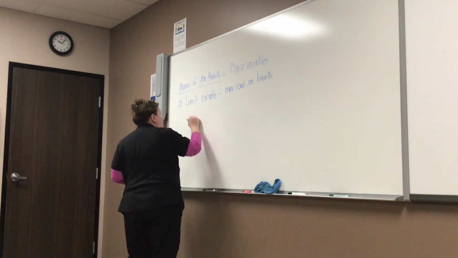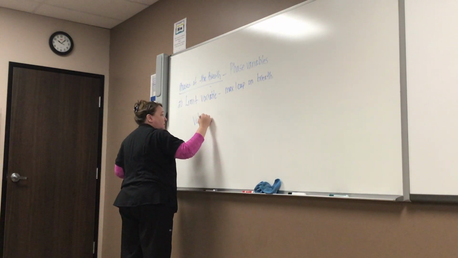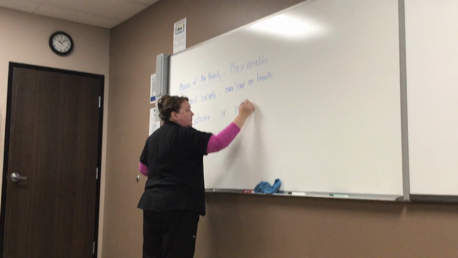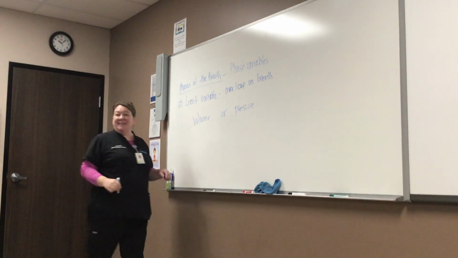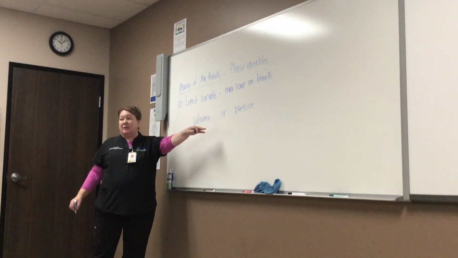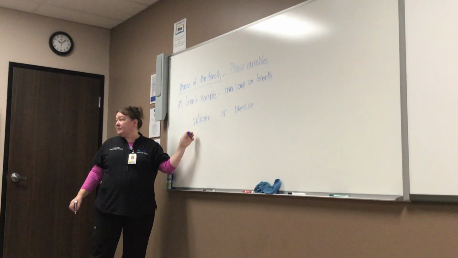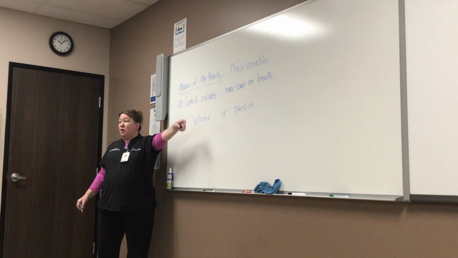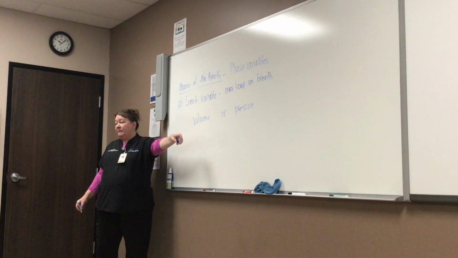So let's just say that is the max or the cap on the breath. And this is easy. Volume or pressure. The end. What we use for limit is volume and pressure. It's one or the other normally. So we're either saying don't go above a certain volume or don't go above a certain pressure.